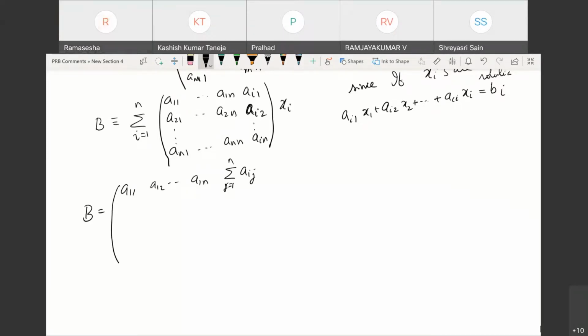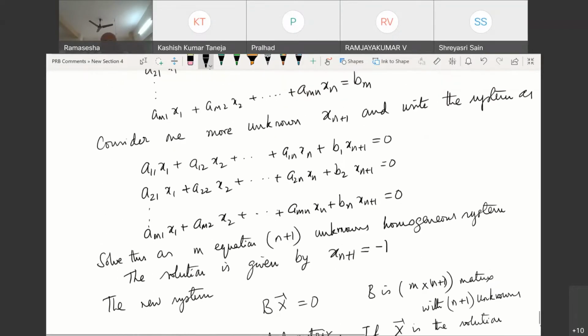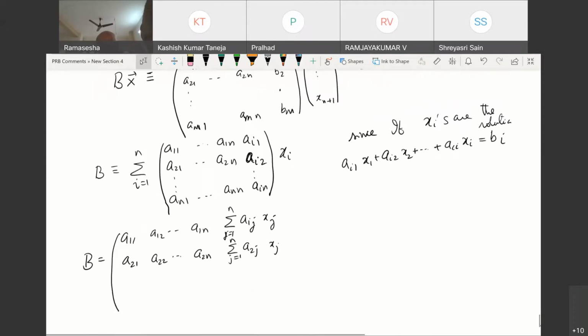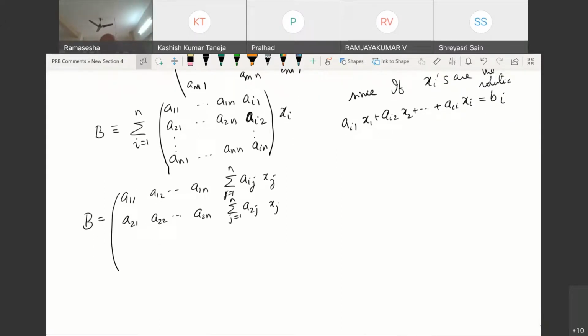And then I have a2j xj. That is b2, right? Because you see the values. Okay. So I have a11 x1, a12 x2, etc., a1n xn is equal to b1. Similarly, a21 x1, a22 x2 plus a2n xn equal to b2, and so on and so forth. So that is why a11 x1 plus a12 x2 plus etc. a1n xn is equal to b1.